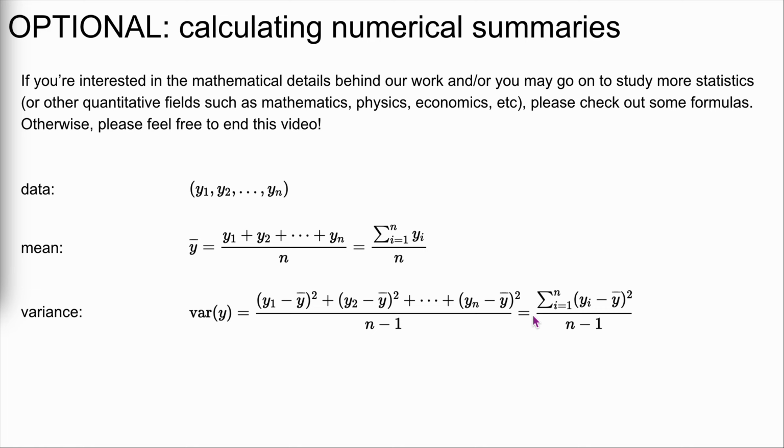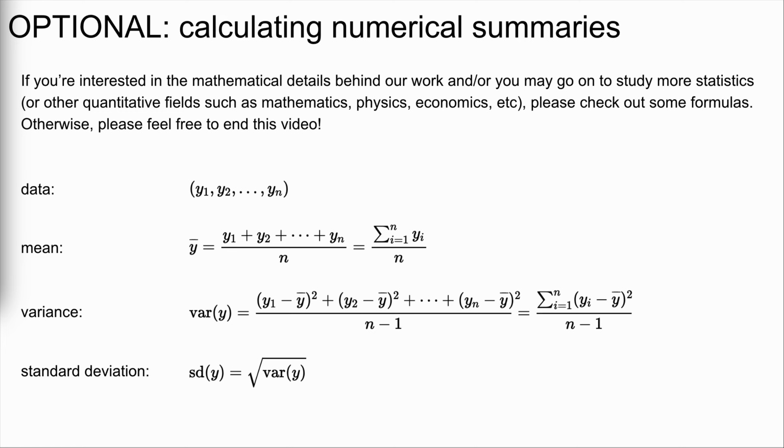Or in shorthand, we sum up the squared differences between yi and y bar, where i ranges from 1 to n. And again, since we're dividing by n minus 1 here, instead of dividing by n, this variance calculation is close to, but not exactly equal to the mean of squared differences.